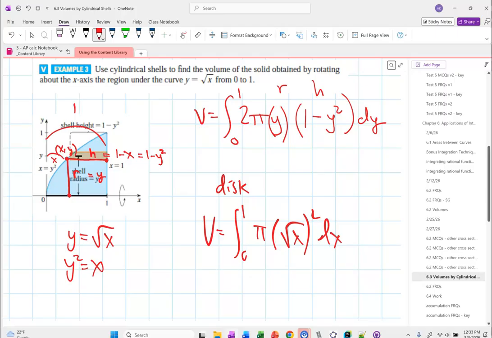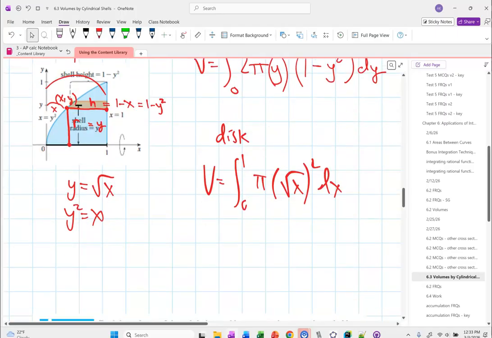That's pretty stinking easy in comparison. Do you see it? Pi r squared, where the radius is just going to be the height of the y coordinate, square root x. Woo! Integral of pi x. You can handle that. Sounds good. What is that going to be? It's going to be pi over 2.